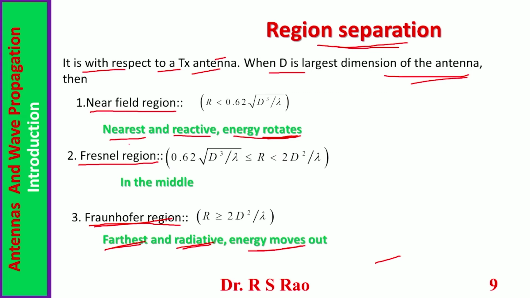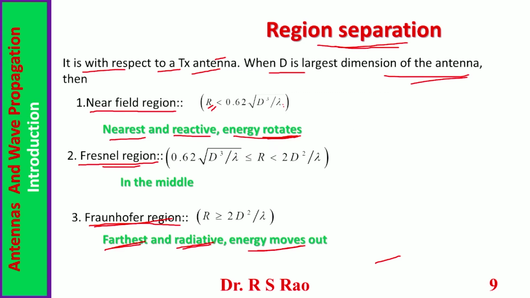In between, there is the Fresnel region. A definition is their mathematical definition. R less than 0.62 square root of D cube by lambda. R means radius. It is illustrated in the next slide. D means dimension.